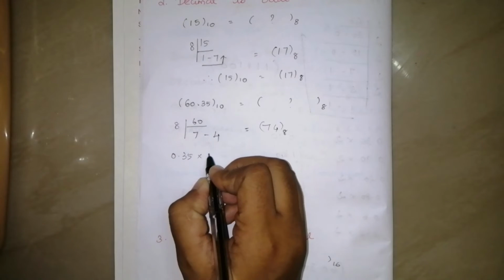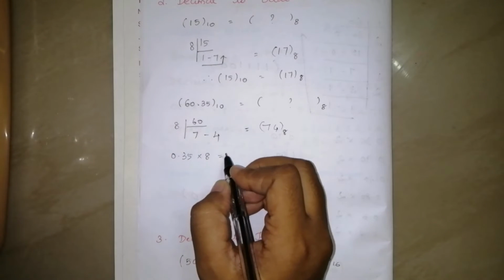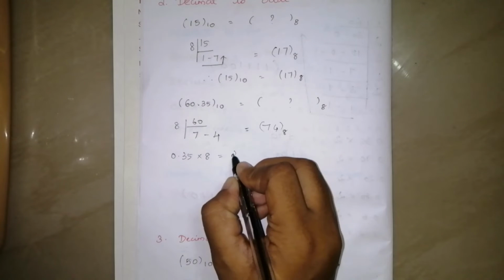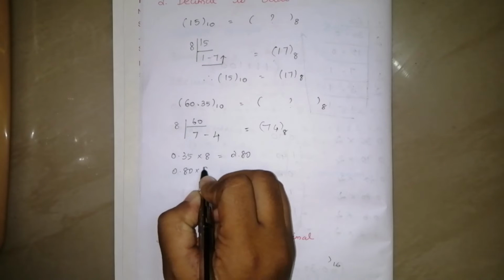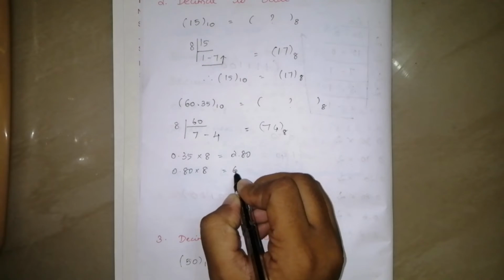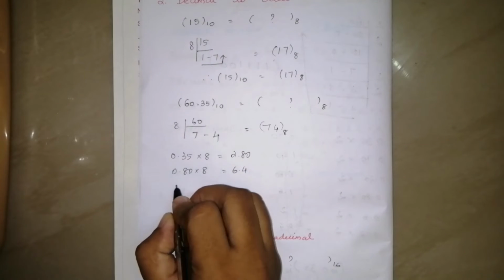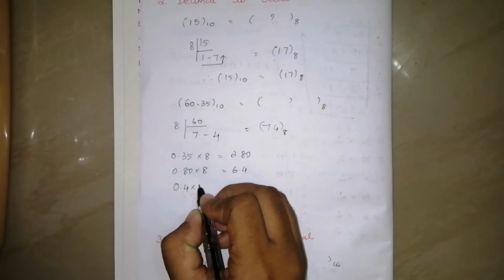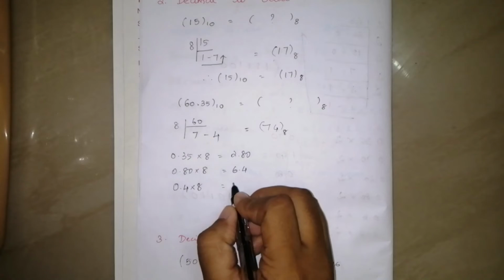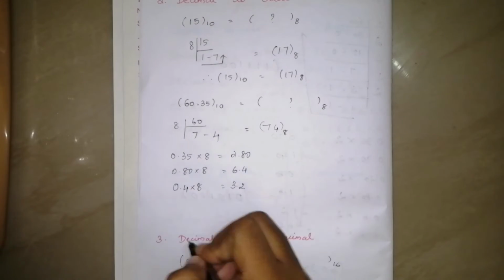Here we have to multiply by 8. 0.35 into 8 is nothing but 2.80. Then again we write 0.80 into 8, which is nothing but 6.4. Again 0.4 into 8, which is nothing but 3.2. This goes on like this.